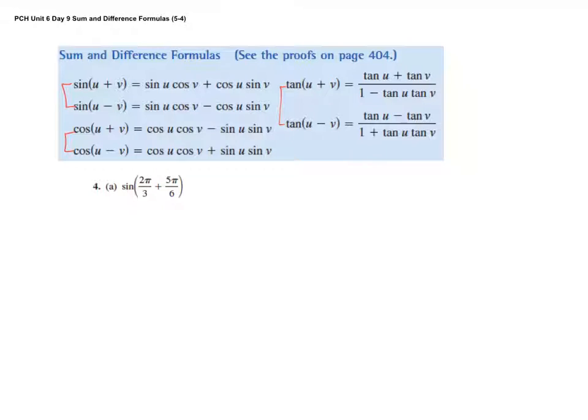What is u in this case? 2 pi over 3. Good, u is 2 pi over 3. V is 5 pi over 6.